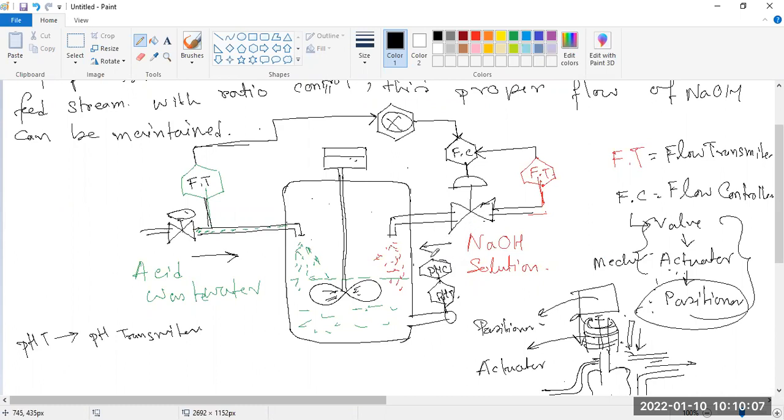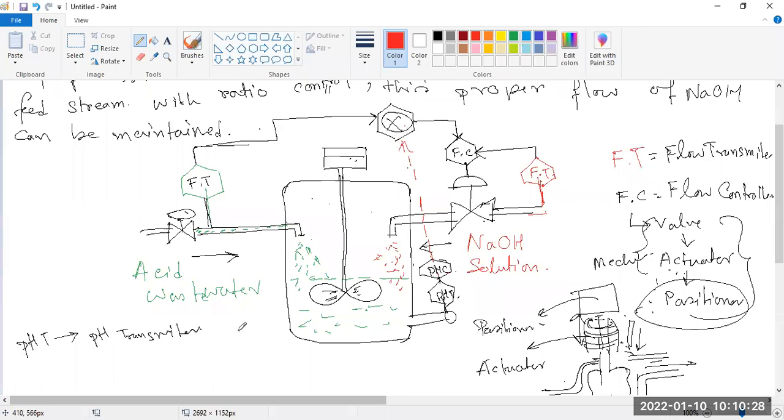This PHC will give the information to this master controller. So you can see there are three controllers here. This is PHC, the pH controller. Here is the flow controller, and this is the master controller.